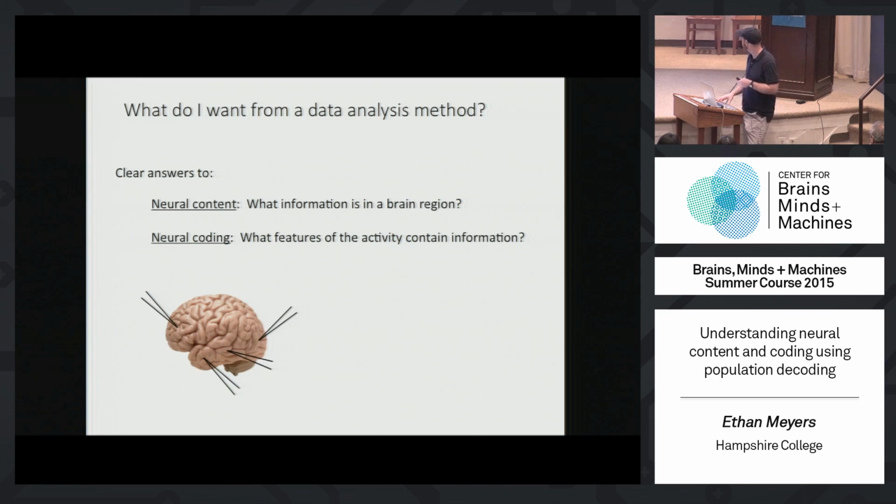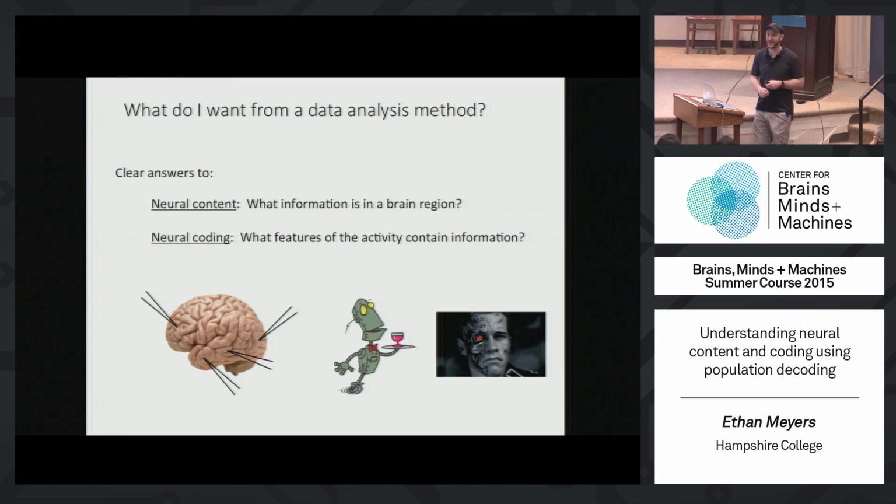And so the idea is, if we can make recordings from a number of different brain regions and tell what content was in different parts, then we could trace the information flow through the brain and try to unravel the algorithms that enable us to perform particular tasks. And if we can do that, we can do other things that the CBMM likes to do, such as build helpful robots that will either bring us drinks or create peace. OK.